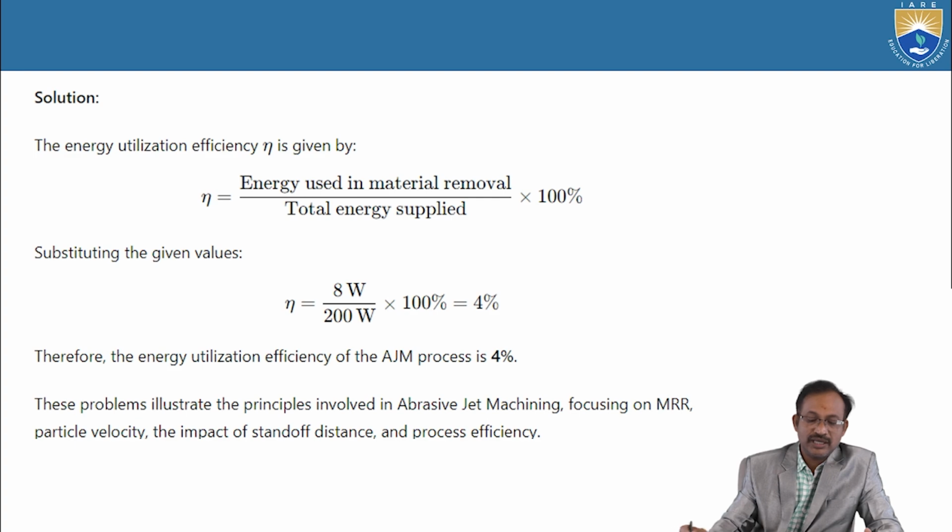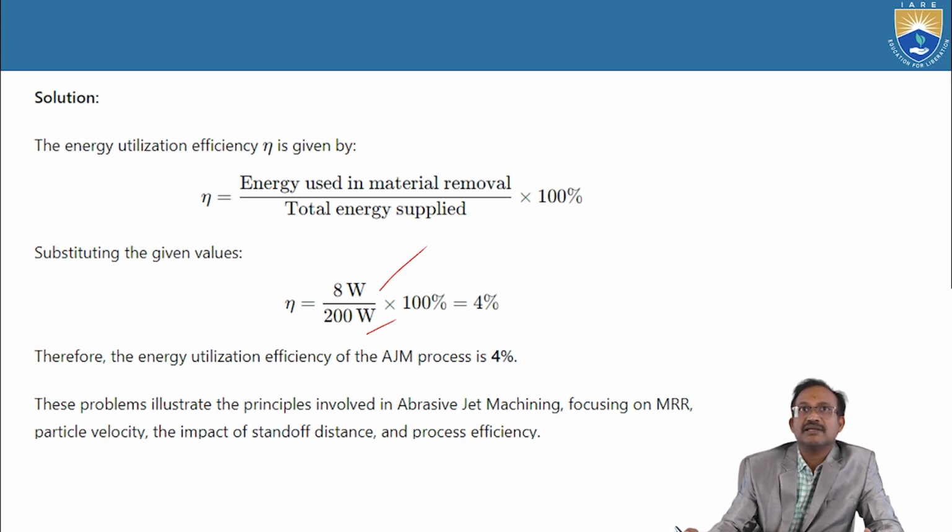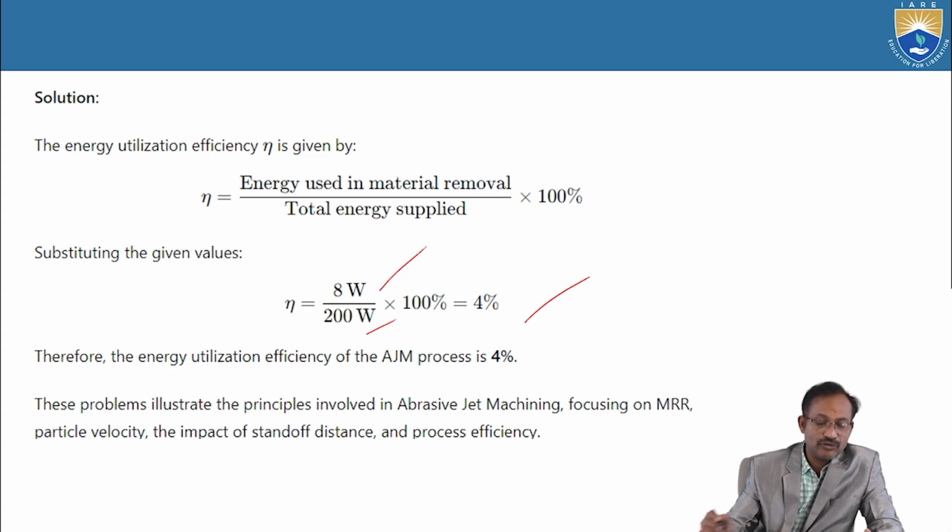Here we have used 8 and given is 200. So energy used in material removal to the total energy supplied is the efficiency of the utilization of the energy, into 100%, so that we get 4%. Therefore the energy utilization efficiency of the AJM process is 4%.